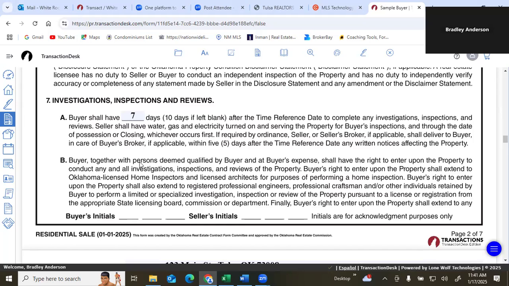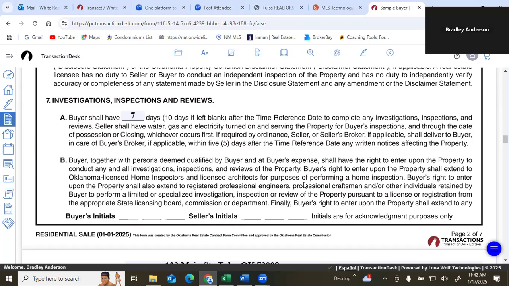7B, buyer, together with persons deemed qualified by buyer at the buyer's expense, shall have the right to enter upon the property to conduct any and all investigations, inspections, and reviews. So this is not necessarily just an inspector. If the property has a pool, it could be someone that specializes in pools. It could be a septic system person.